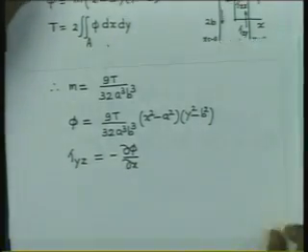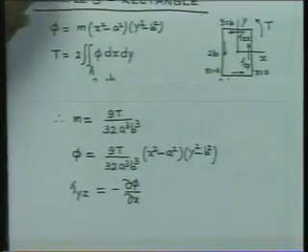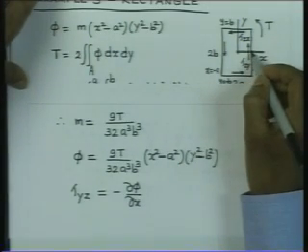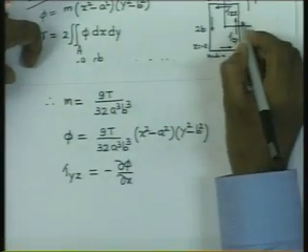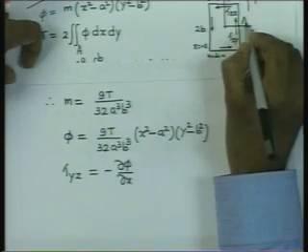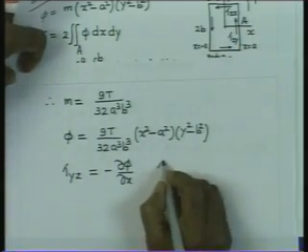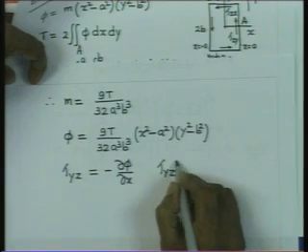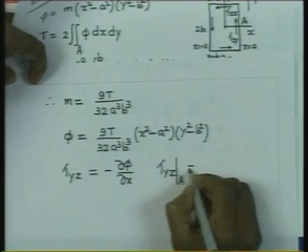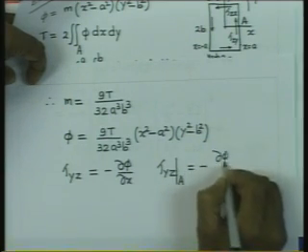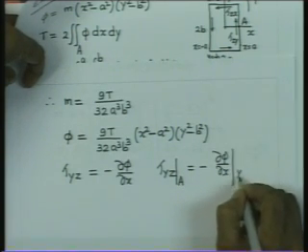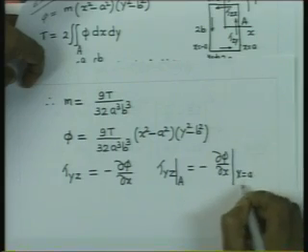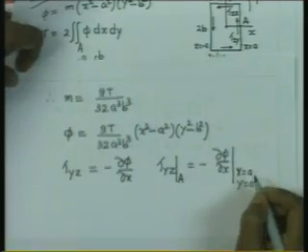We are interested in calculating this stress at the end of the x axis here, which is nothing but x is equal to a, y equal to 0. Let us indicate this point as A. So, tau yz at point A is delta phi by delta x for x equal to a, y equal to 0.